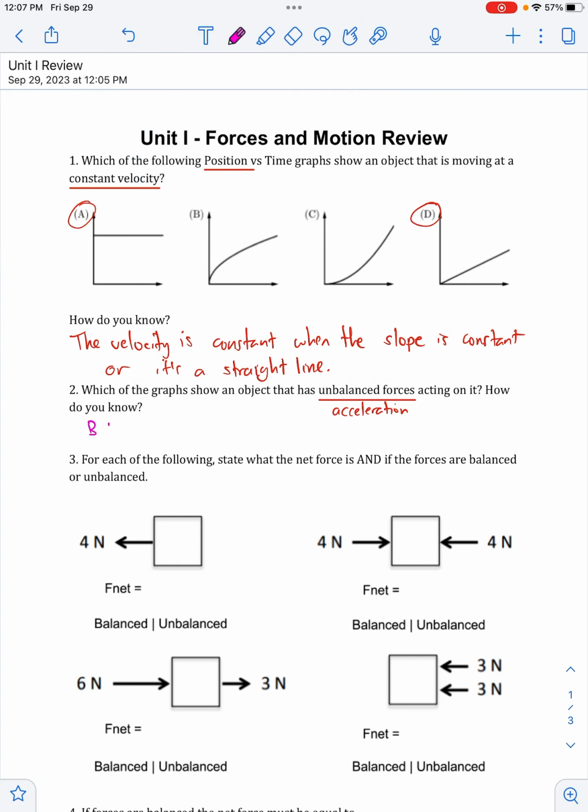B and C show unbalanced forces, since they have acceleration. Right, a curve is acceleration on a position graph.